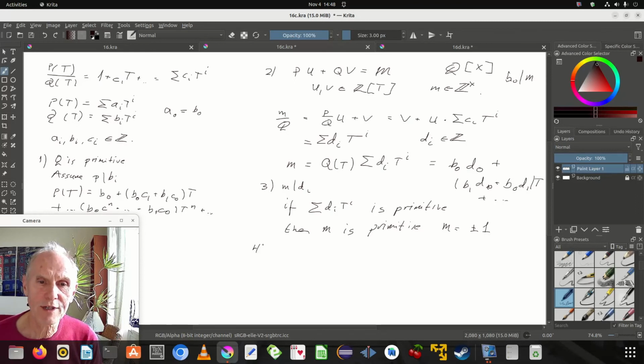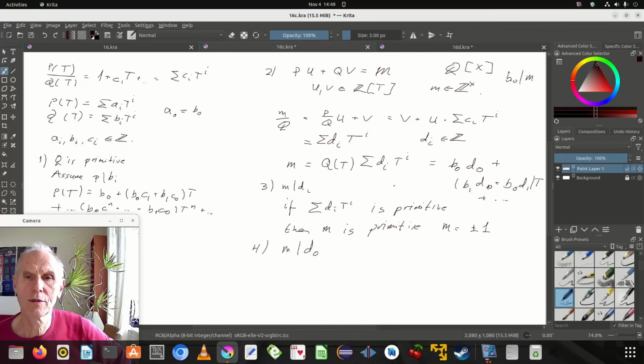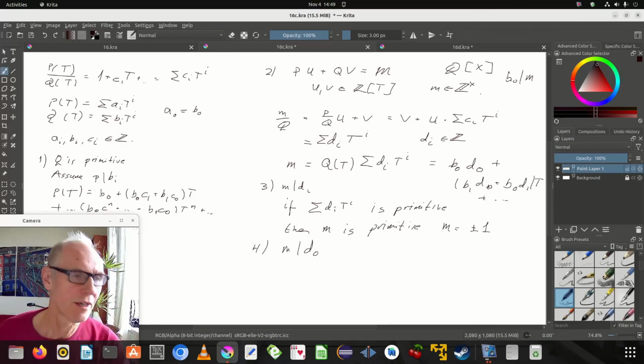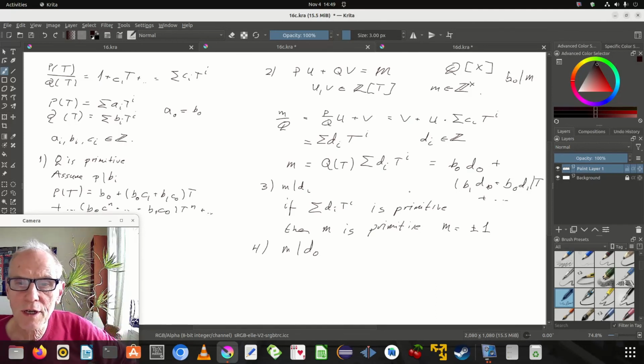Particularly, that's the next point, it must divide d_0. And d_0, what's that? What does that mean, really? Now, I need a hint even here. This means that the constant term b_0 is a unit.